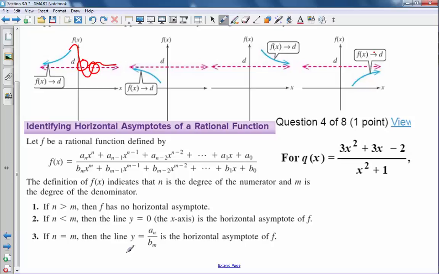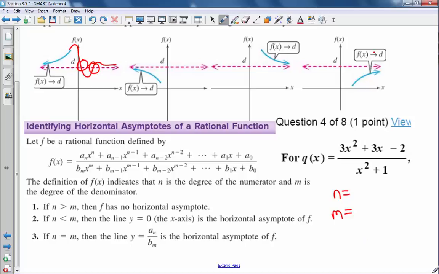It just says first, read and compare 2 numbers called N and M. Letters N and M stand for 2 numbers here. N is the biggest power of the top, M is the power of the bottom side.